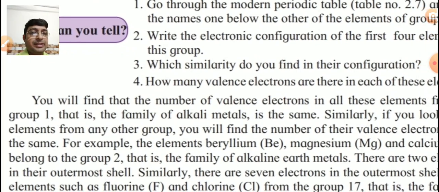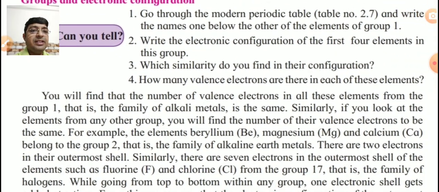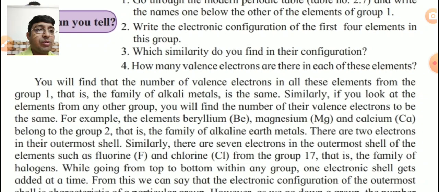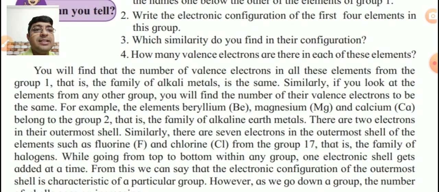So first of all, we'll read this paragraph. You will find that the number of valence electrons in all these elements from group 1, that is the family of alkali metals, is the same. Similarly, if you look at the elements from any other group, you will find the number of their valence electrons to be the same. For example, the elements beryllium, magnesium, calcium belong to group 2, that is the family of alkaline earth metals.